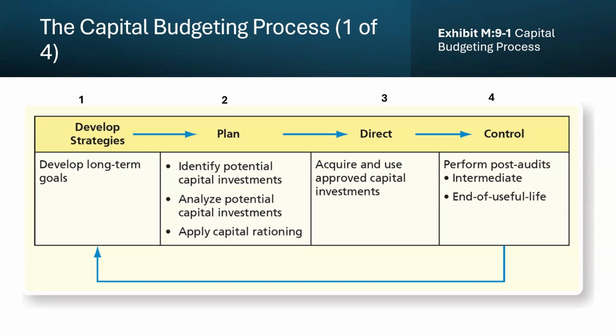The second sub-step is analyzing potential capital investments. Once potential investments are identified, they must be analyzed using one or more capital budgeting methods to evaluate their viability and potential return on investment.